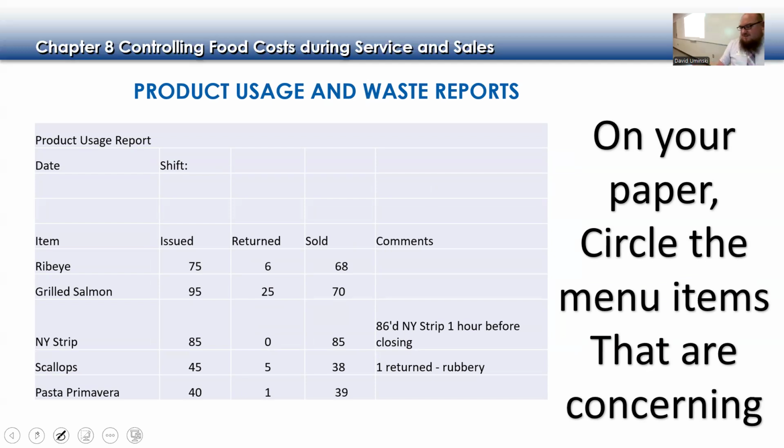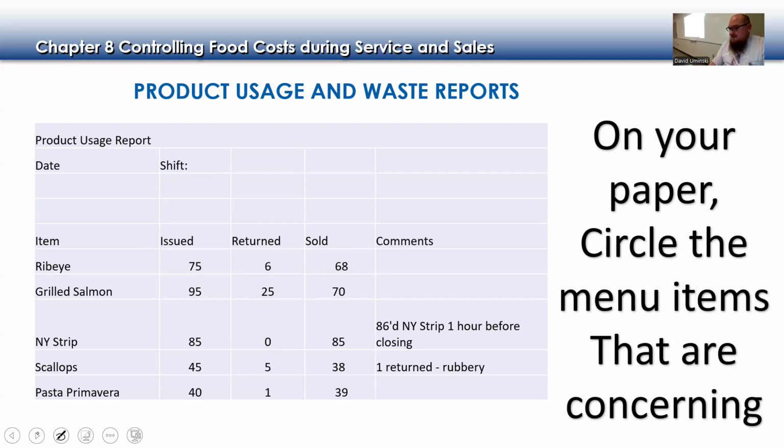So remember, we want to take our sold, so for the ribeye, with our formulas right here, 68. We sold 68, we returned 6, and we issued 75. So what is 68 plus 6? 74.